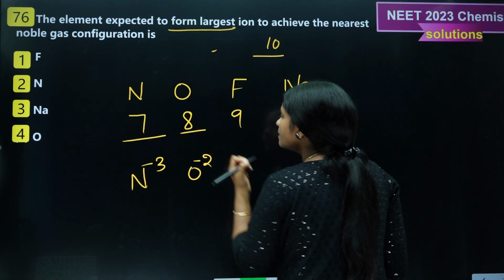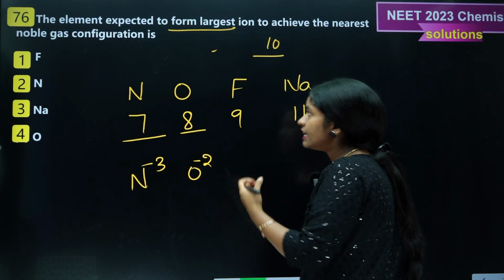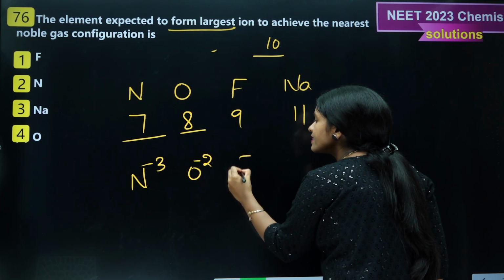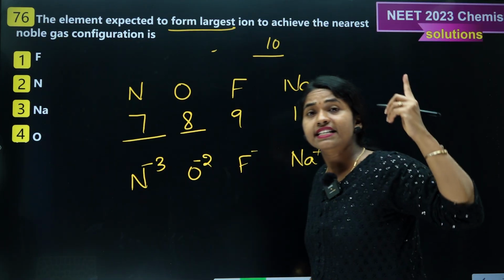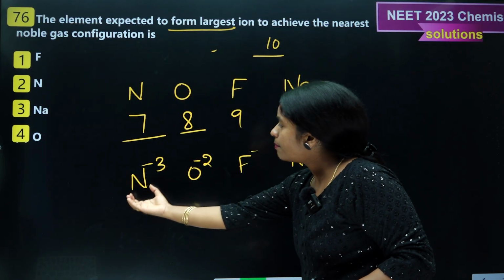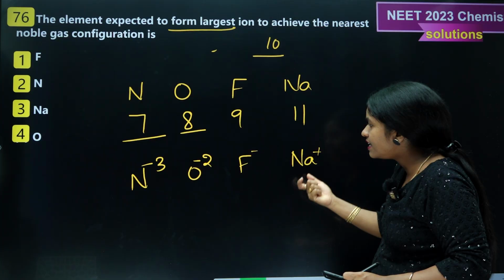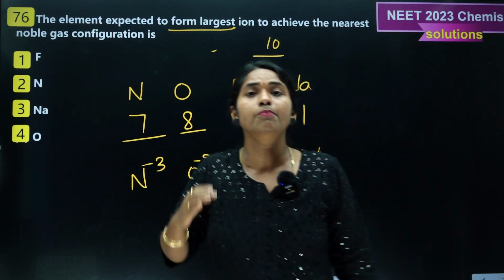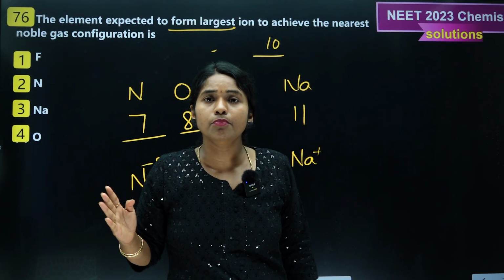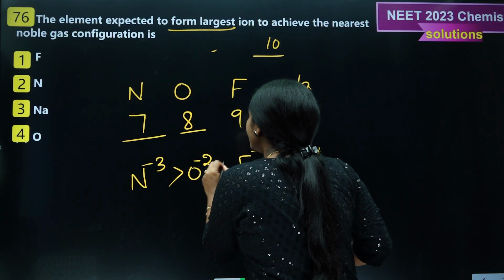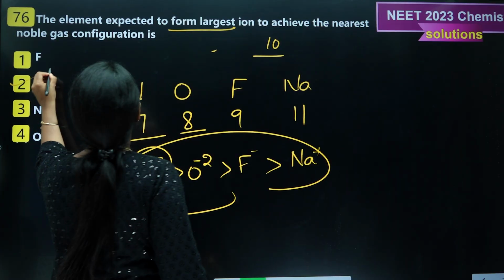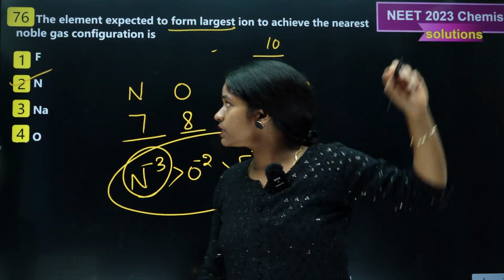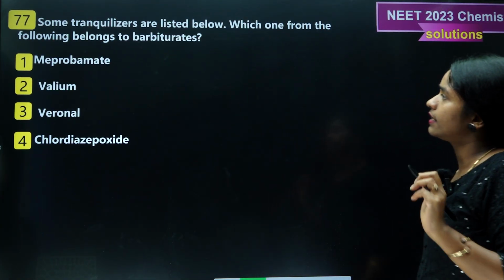Oxygen has to accept 2 electrons because it is having 8 electrons. Fluorine has to accept 1 electron. Sodium has to lose 1 electron because it is having 11 electrons. So N minus 3, O minus 2, F minus, Na plus. The ion which has more charge will have more size, so N minus 3 will have the largest size. They are asking the largest ion in the question. That's why option 2 is the correct answer.